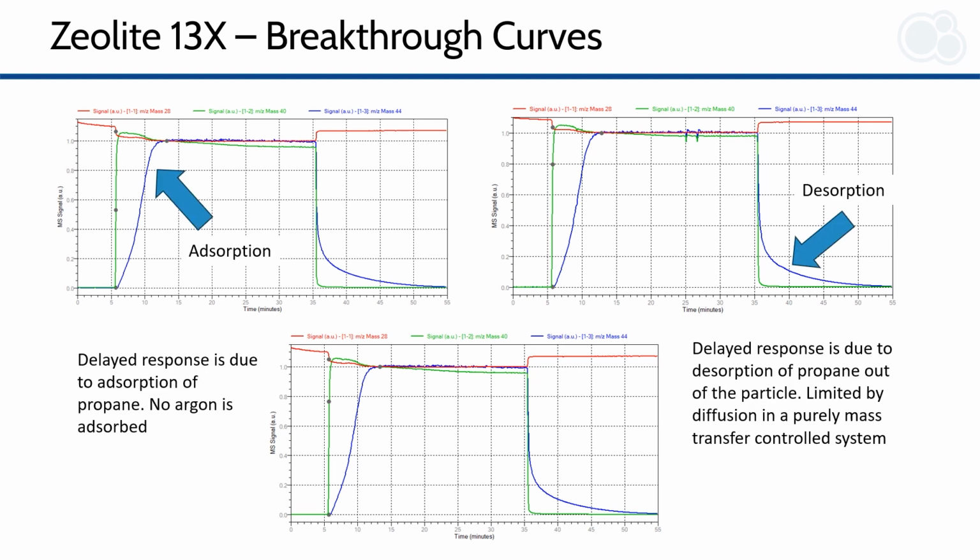We can also see that for our propane, there is a delayed response for the adsorption of propane, which is what we'd expect since adsorption of propane is occurring, and no argon is adsorbed. For our desorption, there's also a delayed response after 35 minutes, where the propane needs to slowly diffuse out of our particles.